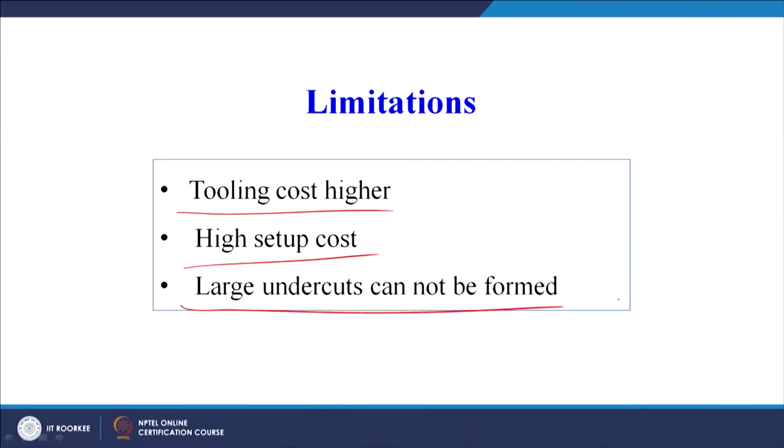But if a large number of products have to be made, only then we must suggest the use of the injection molding process. Here large undercuts cannot be formed. Maybe smaller undercuts can be formed, but large undercuts are difficult to make in the injection molding process also.